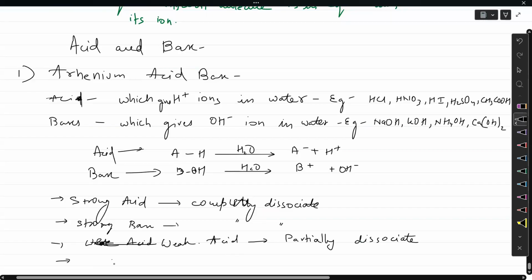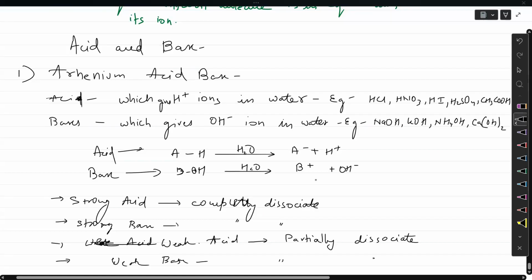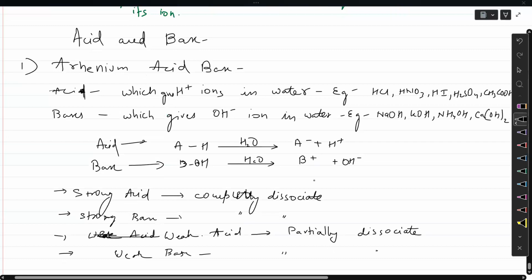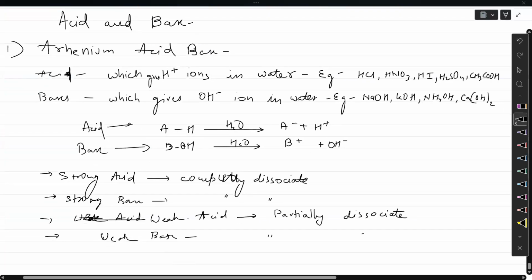And weak base will also partially dissociate. Got it, everyone? Yes or no? Yes, sir.